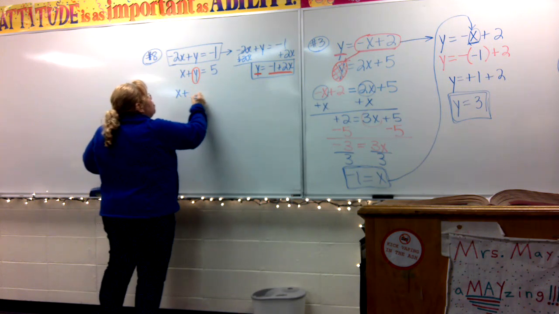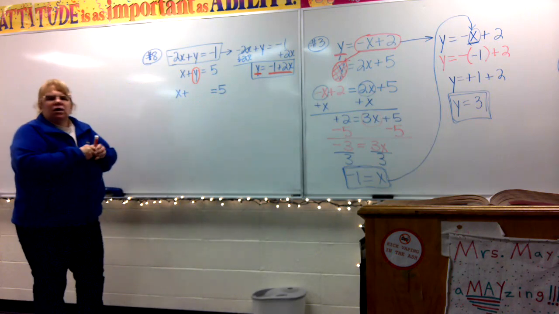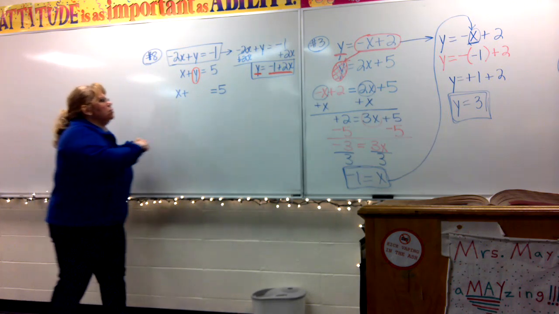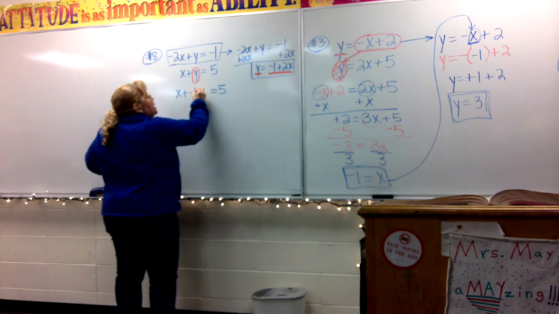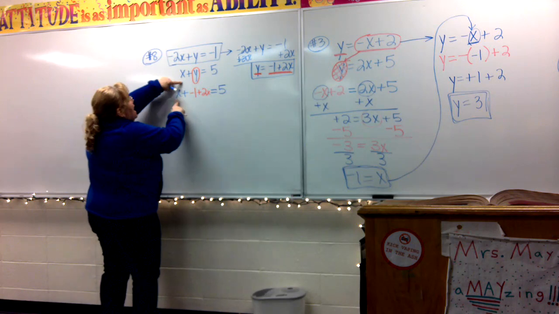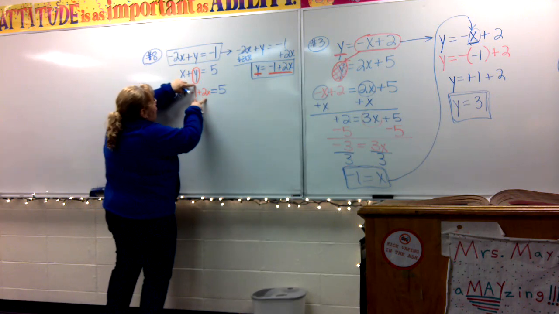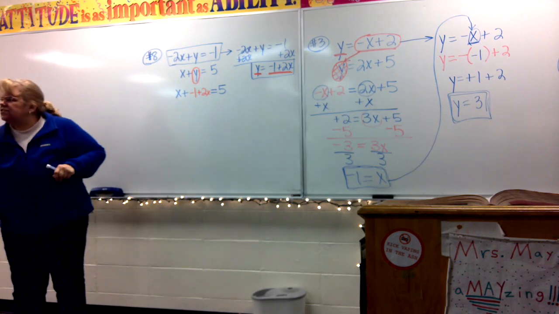X plus y equals 5. But what is y? Negative 1 plus 2x. So there's my x plus y equals 5. Does that make sense?